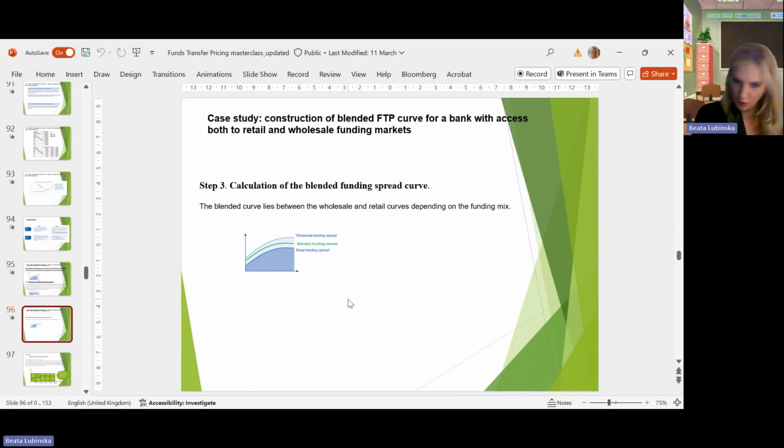There is no historical view. You don't care about your historical cost of funds. This is very important for FTP. You always think marginality. FTP is based on the marginality principle. So today you think how much it will cost me to fund asset XYZ for tenor XYZ. So this is very important.